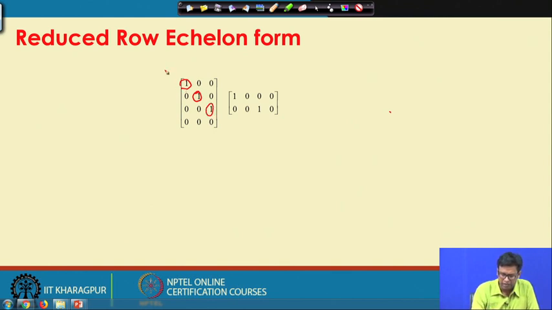So, they are arranged from left to right, and there can also be zeros in certain rows.